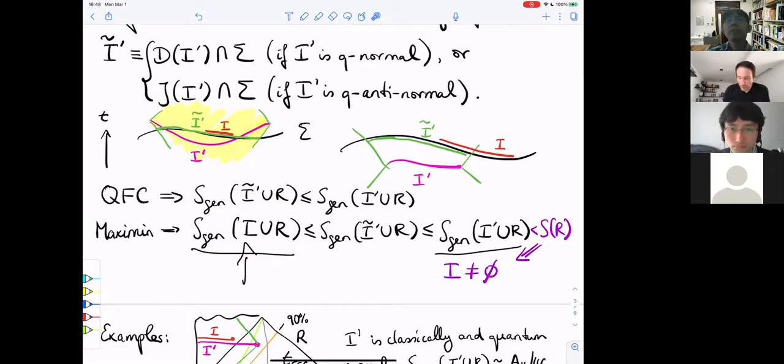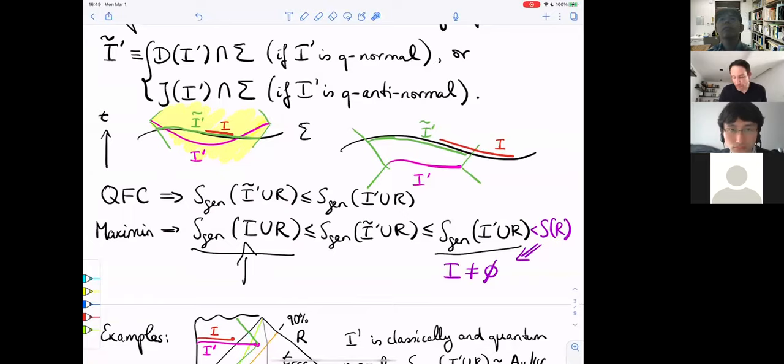Because then we would just get the entropy of R back by itself, and the entropy of R is not less than the entropy of R. So that island has to do something so that the left-hand side of this inequality is consistent with the right-hand side. It can't be empty. That's the whole argument.